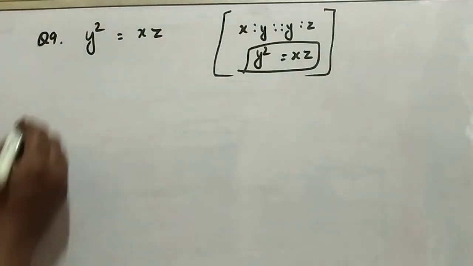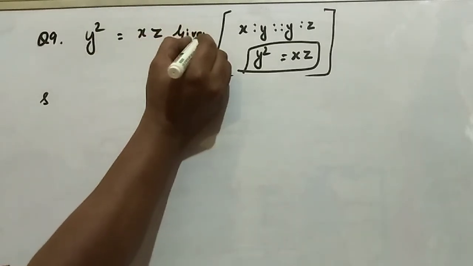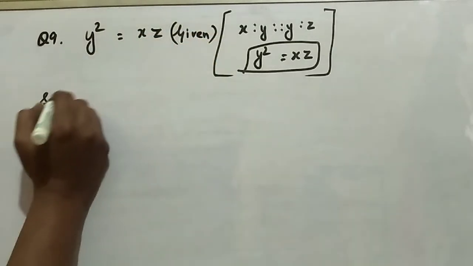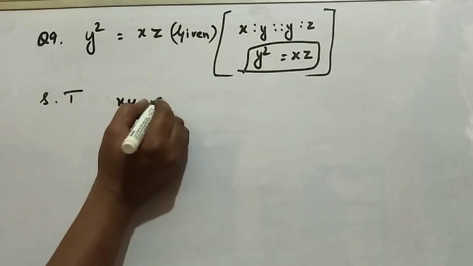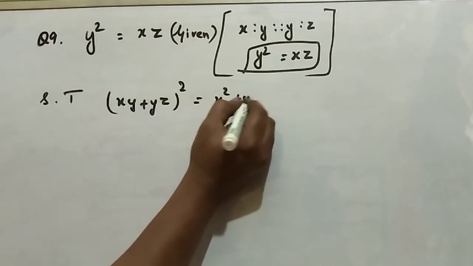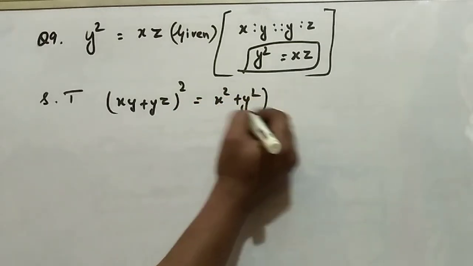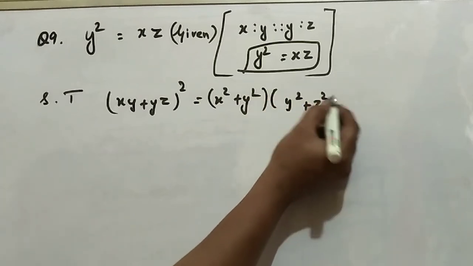Then, show that this one is given. Okay. Show that (xy plus yz) whole square is equal to (x square plus y square) into (y square plus z square).